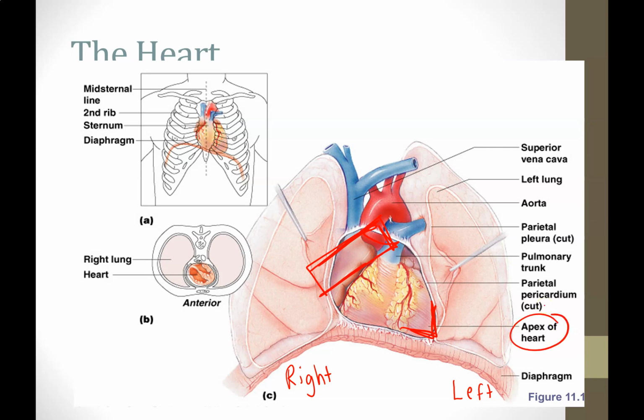You're going to also notice there that some of the vessels are red and some are blue. The blue ones are going to denote veins. Remember, blood's not blue, but they denote veins, and these guys are going to denote arteries. That happens to be the aorta, but we'll talk more about them as we go. There it is. You can see it sitting in your chest cavity, and again, it's slightly to your left side. That's your right side.